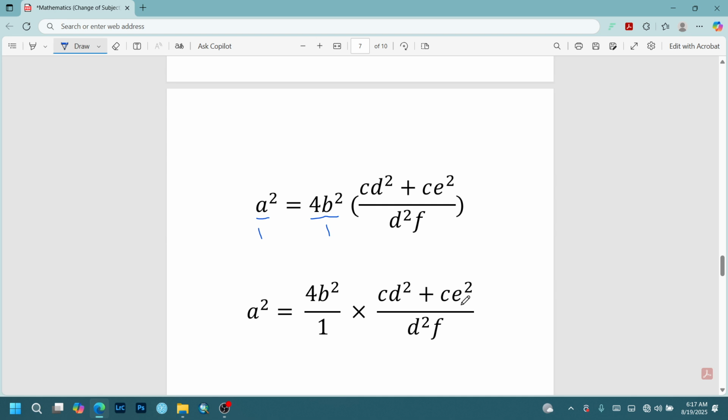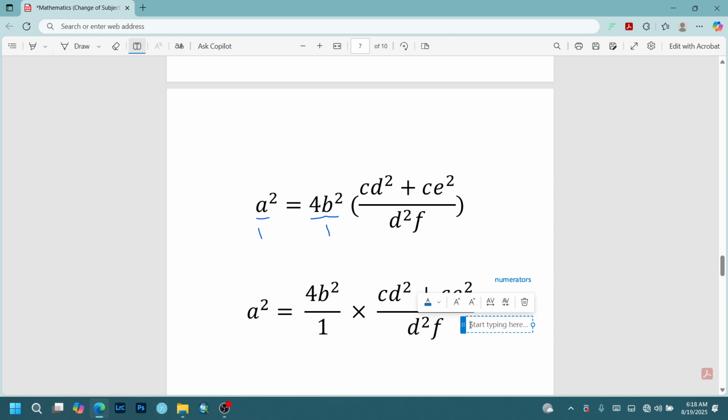I explained earlier that in multiplication of fractions, the top values are the numerators and the down values are the denominators.